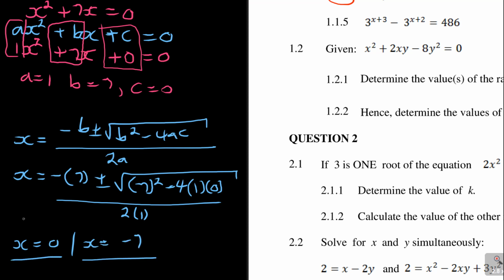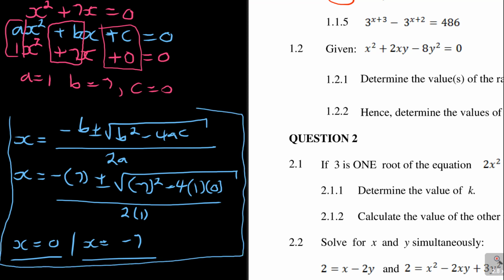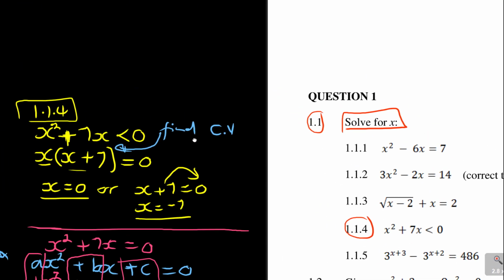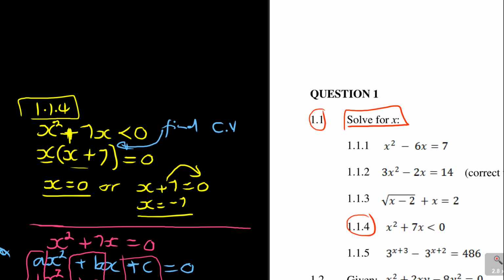This is the better way, trust me. This is a much better way, because some students get confused here. Sometimes they'll be given x squared plus 7x equal to 0. They see that x is common, so they divide by x.